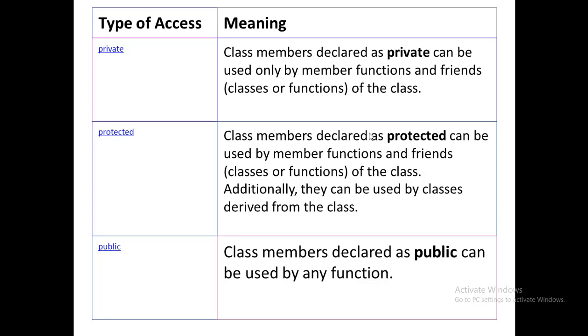While protected: class members declared as protected can be used by member functions and friends, classes or functions of the class. Additionally, they can be used by classes derived from the class. On the other hand, public: class members declared as public can be used by any function.